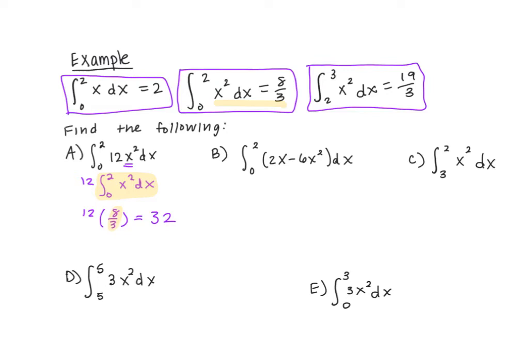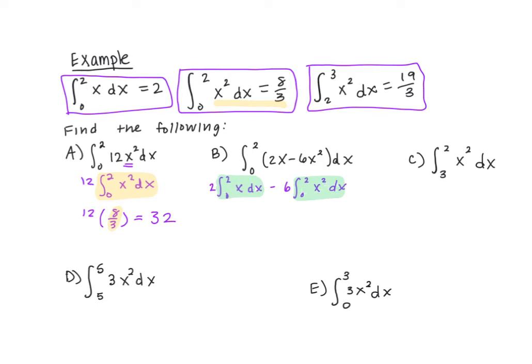For part b, I have 2 different things I'm subtracting. So I'm going to break it apart. I've got from 0 to 2 of 2x, I'm going to take the constant out, minus 0 to 2 of 6x squared. And so I can evaluate this integral using the stuff above and this one from the stuff above.